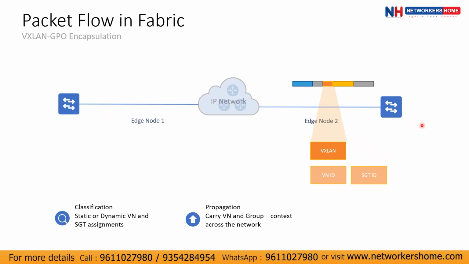Suppose this user is connected, and based on authentication, it has SGT value 20. So there should be some rule, right, that 10 is allowed to 20 or not. If there is a specific rule, then it will follow that rule, and based on that, it will process another header and forward the traffic if the traffic is allowed between the two scalable groups, right?